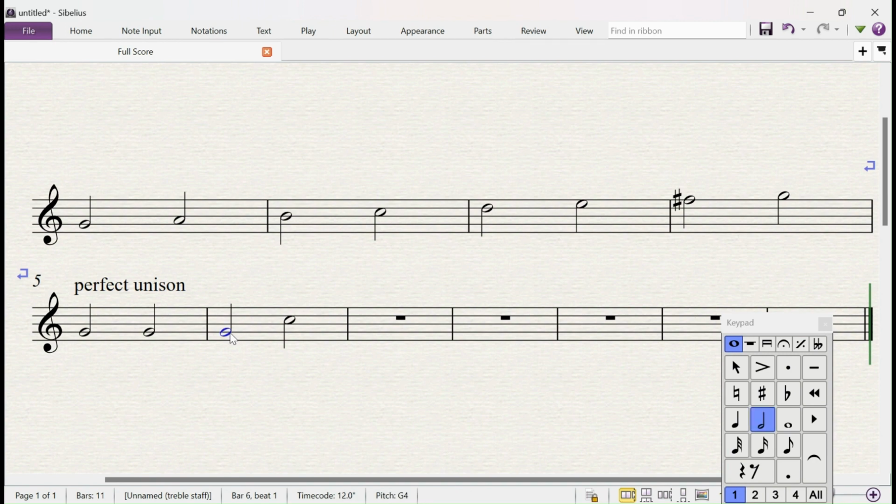If I made this G and I went up, it's line to space, so you expect it to be an even number. G, 2, 3, 4. So G to C is a fourth. Once they are a fourth apart and the upper note belongs to the scale of the lower note, in this case the lower note is G, so we're in G major, and we see that the C belongs to the scale of G. That is going to be a perfect fourth.